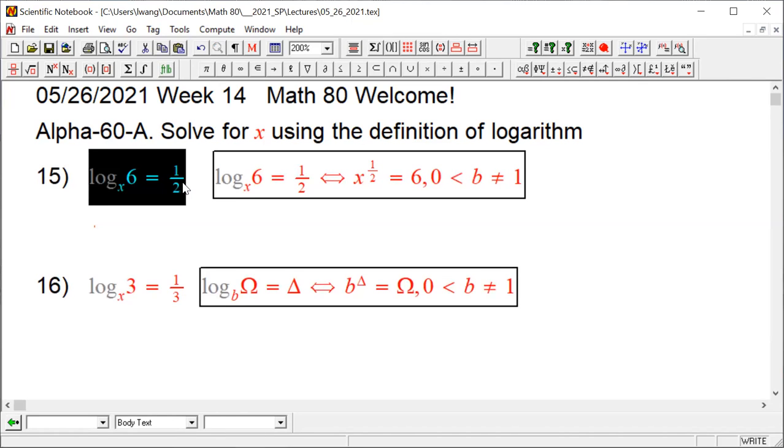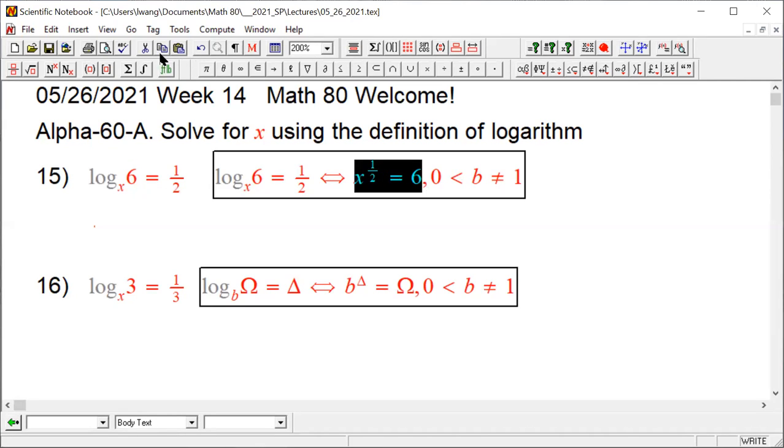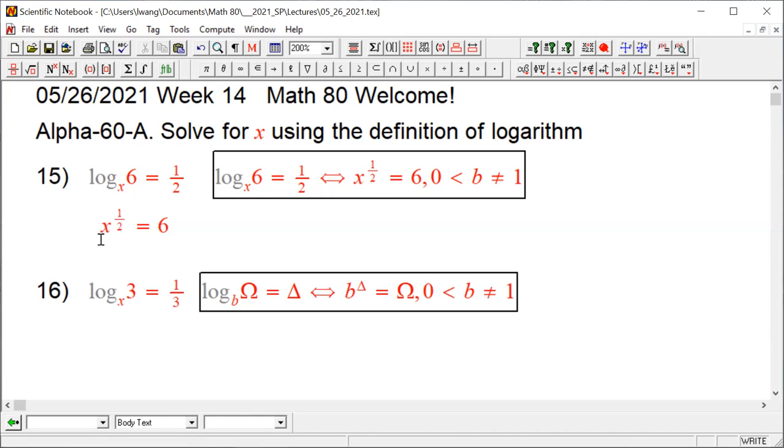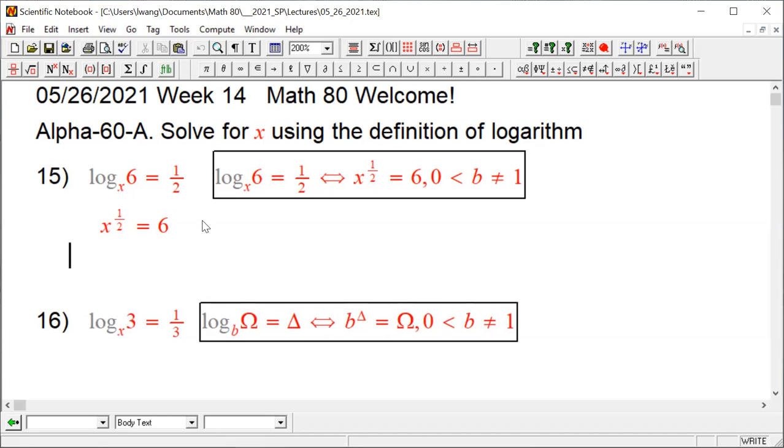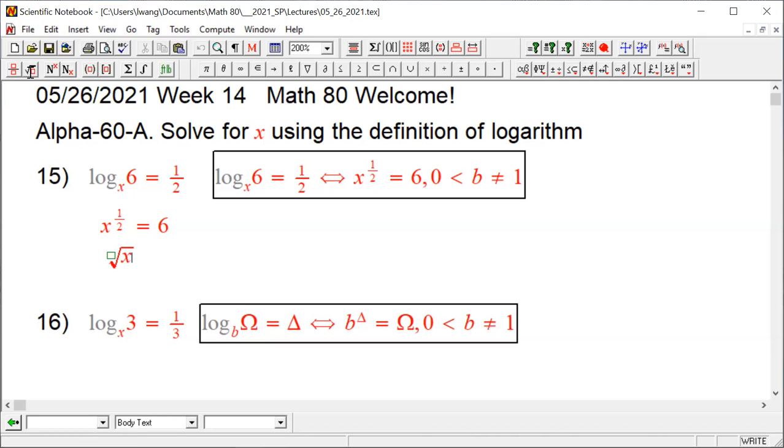So from what's given, if this is true, then we apply the definition, and we end up with something like this: x raised to the power half equals 6. And x raised to the power half is really the square root of x.